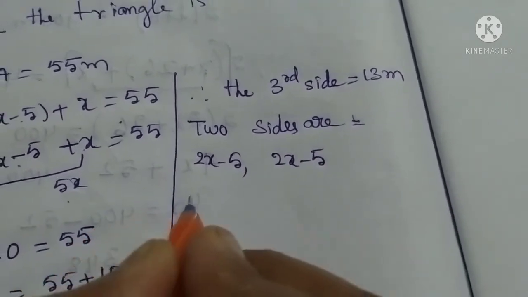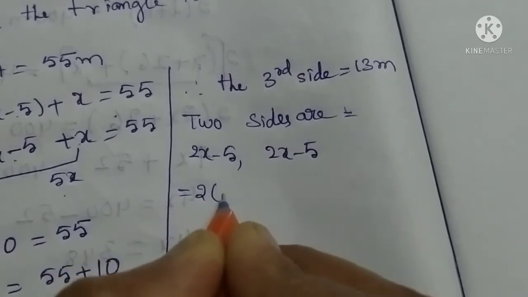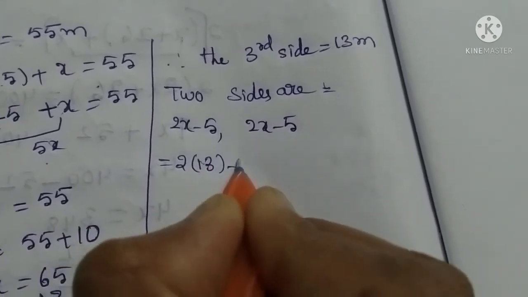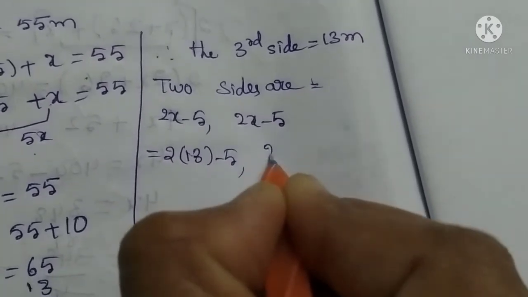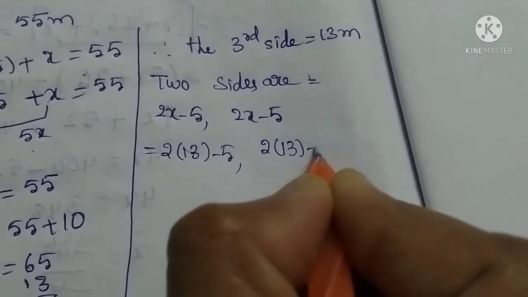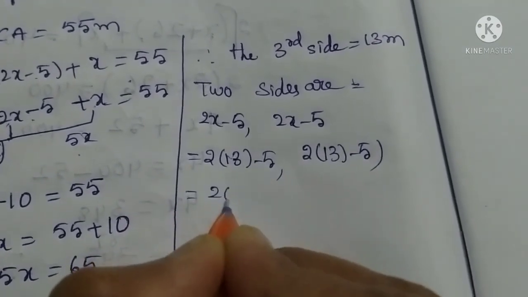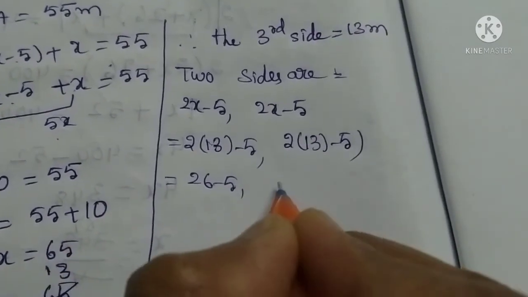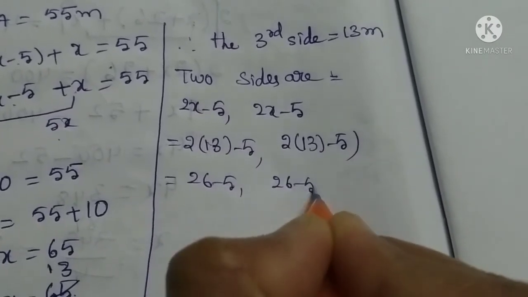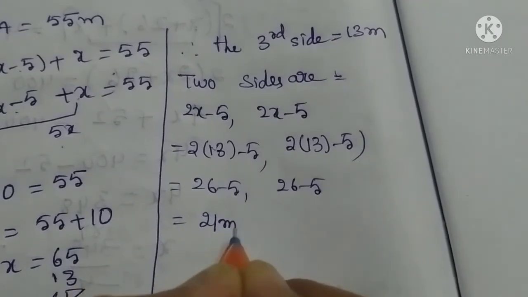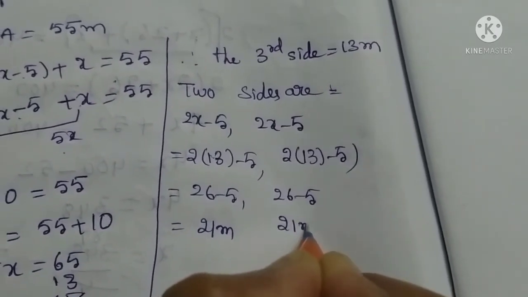So here 2 into x, x is 13, minus 5. 13 twos are 26, minus 5 is 21 meters, and here also 21 meters.